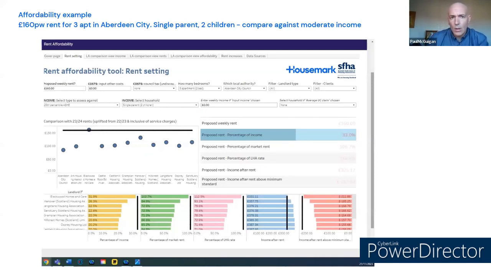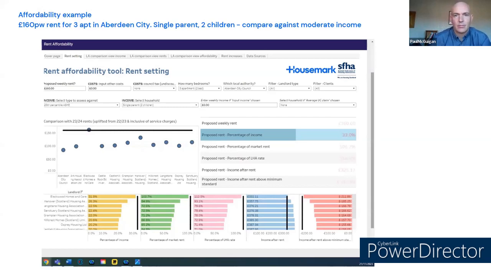So this is showing you Aberdeen City Council. I just alphabetically picked the first local authority, and a proposed weekly rent of £160. I haven't put in any additional costs or council tax, just kept it really simple in terms of the rent.